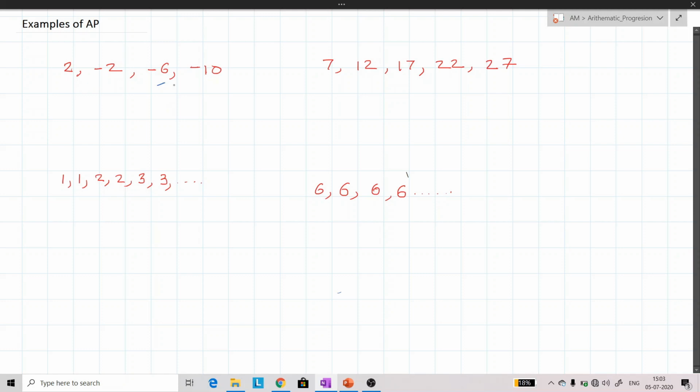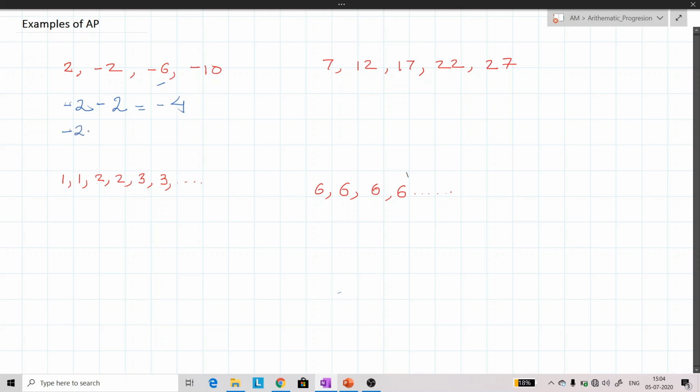So here we have some bunch of numbers, and to determine whether it is forming an AP, we need to see whether these terms have a common difference or not. So let's take minus 2, and we'll take the previous number 2. To find out the common difference, we need to subtract these two numbers, and the difference right now we get is minus 4. Let's check.